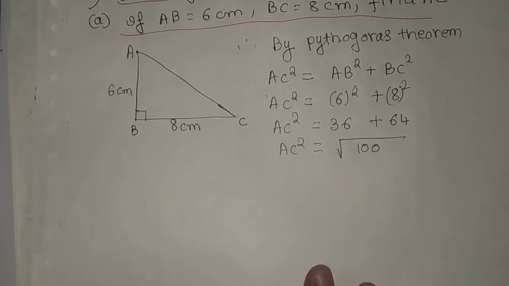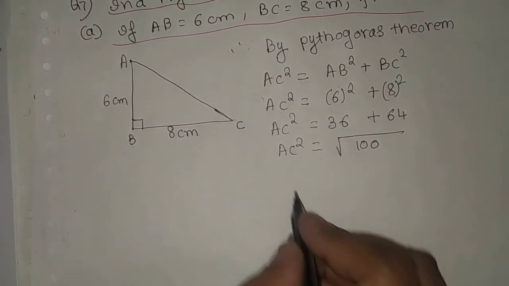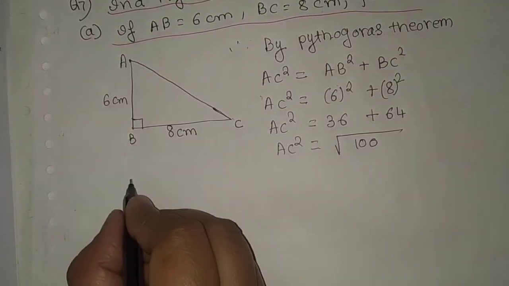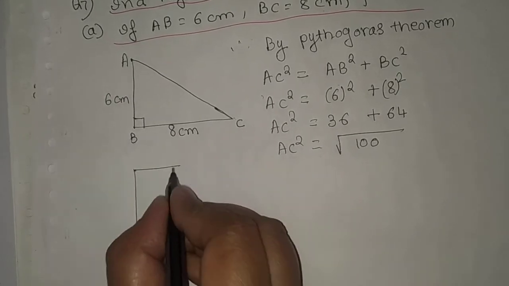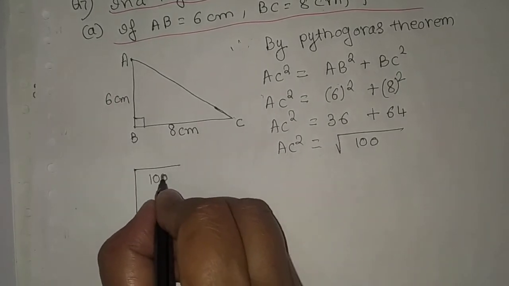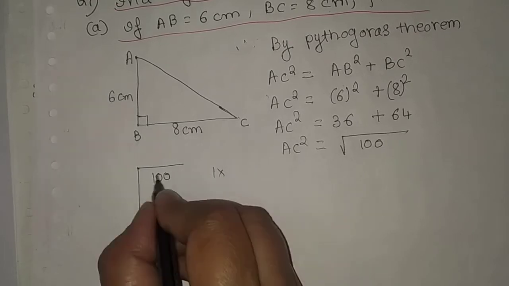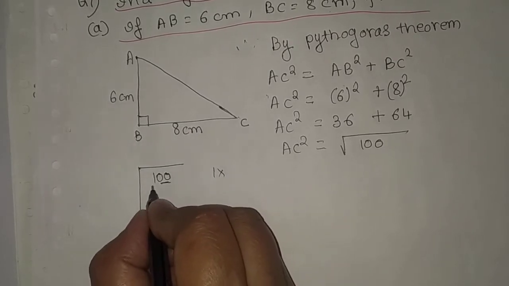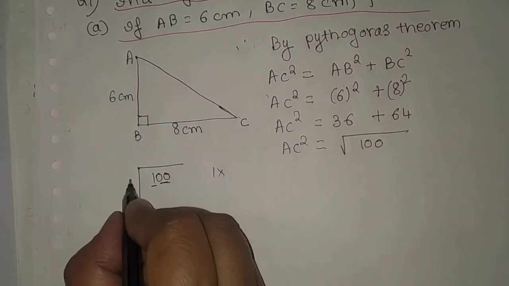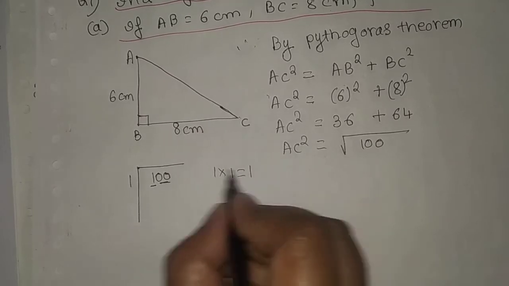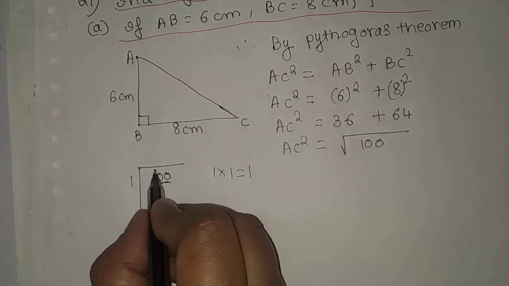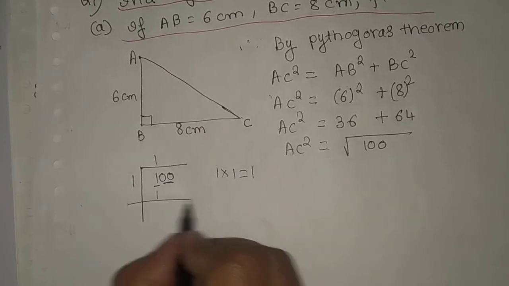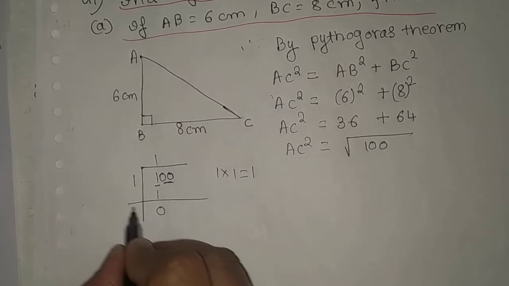So now we'll find the square root by the division method. Take 100, pair the digits: 0 0 one pair, 1 one pair. So 1 1s are 1, nearest square root is 1. Put 0 here, we get 0.